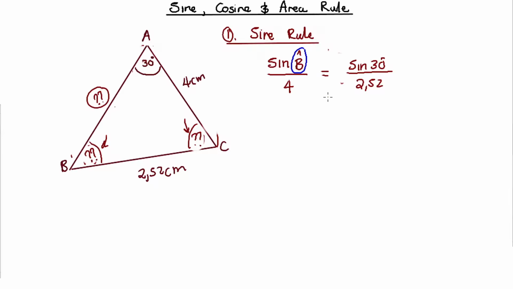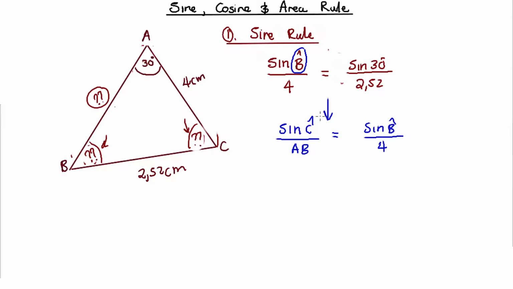I could have said, how about we take sine angle C divided by AB, equal to sine angle B divided by 4.